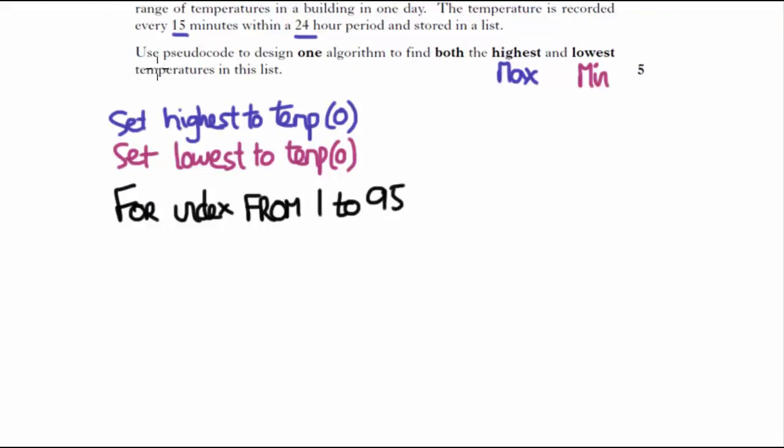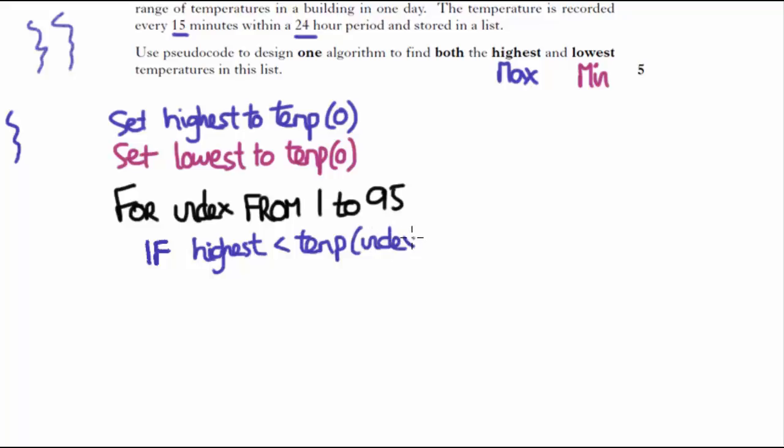So let's have a wee look at how you can get a larger number into highest. We'll say if highest, the number stored in highest, is less than another number in the array, in this case temp at whatever index is, because remember when you're going through the loop, index increases each time, then set highest to that temperature.